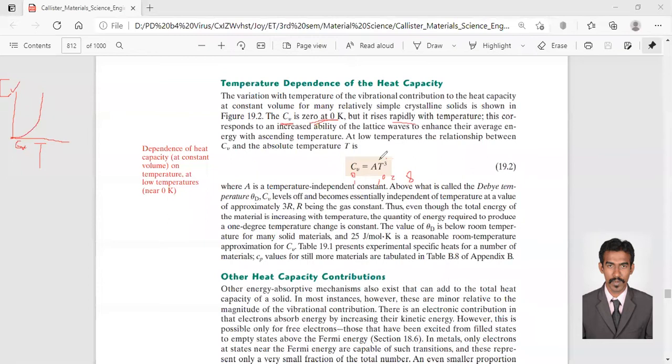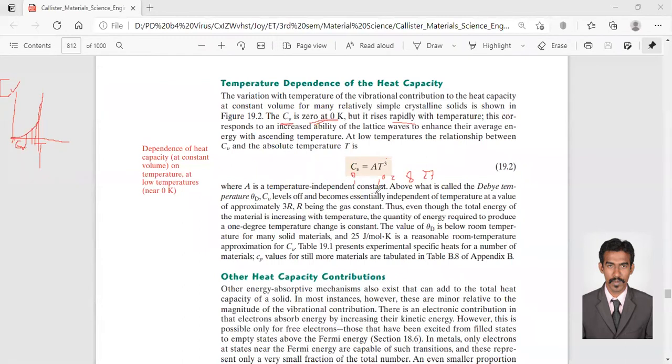If you put 3 for T, Cv would be 3 cubed, that is 27. So your values will be 0, 1, 8, 27, then 64, 125, going like this. This is the relationship between Cv and the absolute temperature.